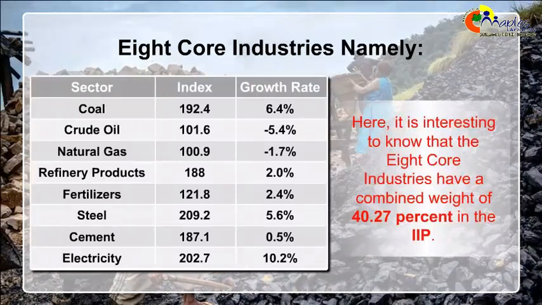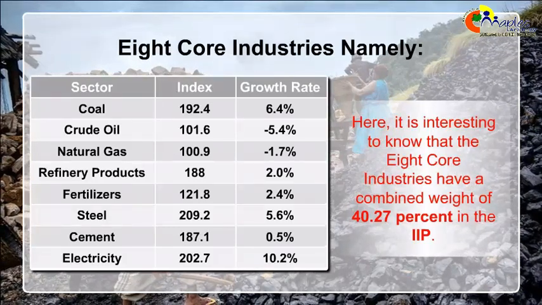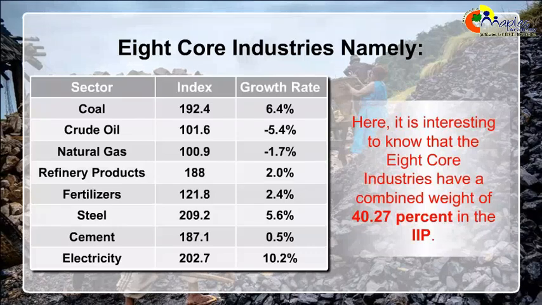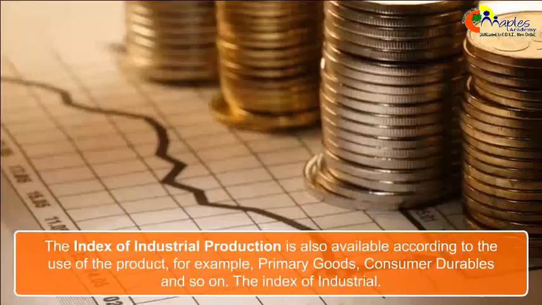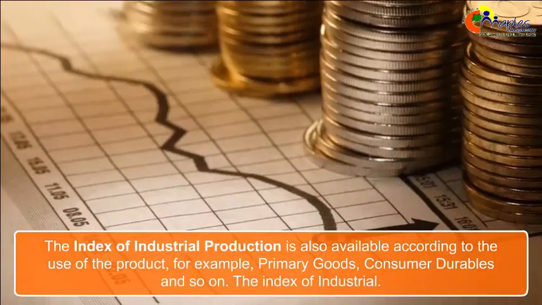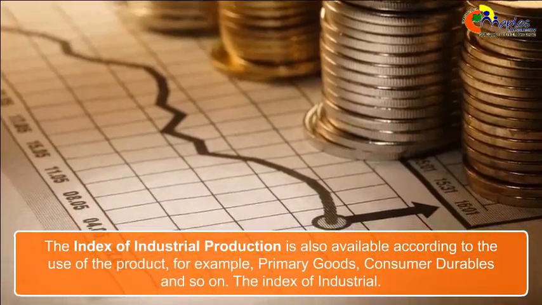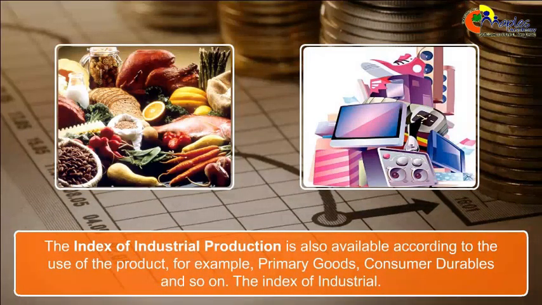Here, it is interesting to know that the 8 core industries have a combined weight of 40.27% in the IIP. The Index of Industrial Production is also available according to the use of the product, for example, primary goods, consumer durables, and so on.